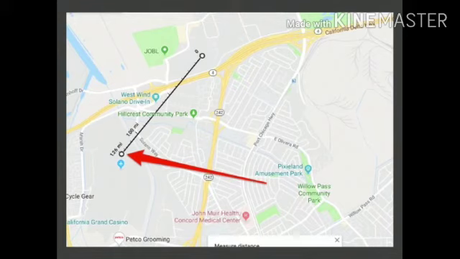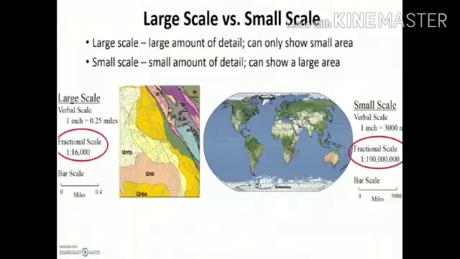So children, have you all understood what is a distance scale? Yes. Then let's move on to the next one. There are two types of scales: small scale and large scale. Small scale. When a large area is shown on a small map, such a map is called a small scale map.